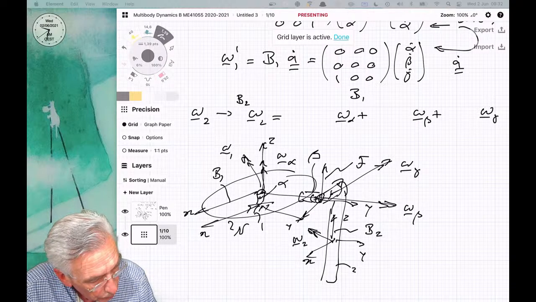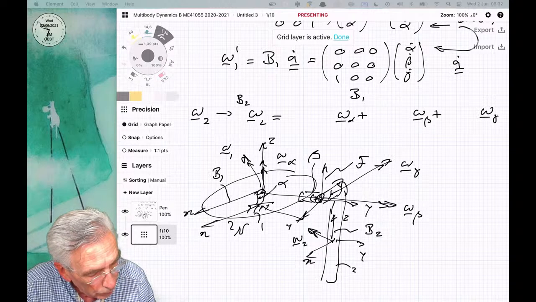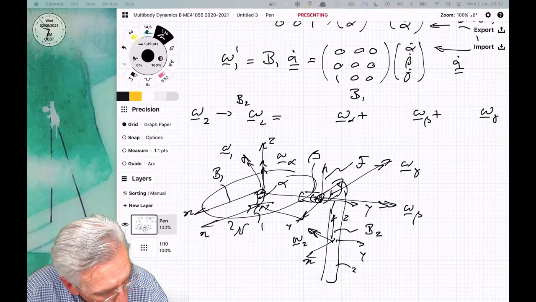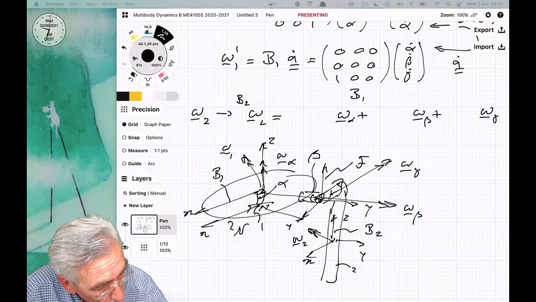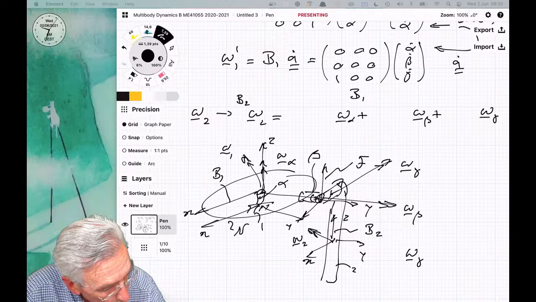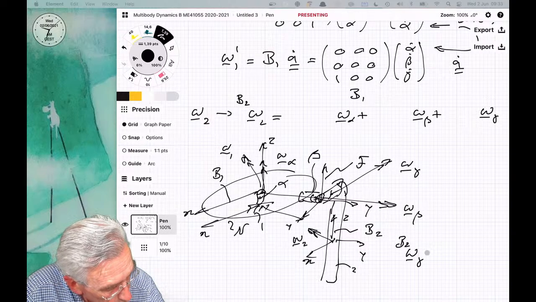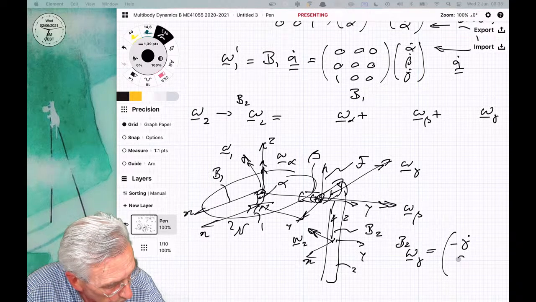Now, the last one, the omega gamma, is already in the x direction, right? And of course you could say, oh, I need then the transformation from B2 to F, but that's rather simple. But still, let's write it. So I know this omega already in our B2 system, because this omega gamma in the B2 is just a simple rotation about the x-axis with minus gamma dot.